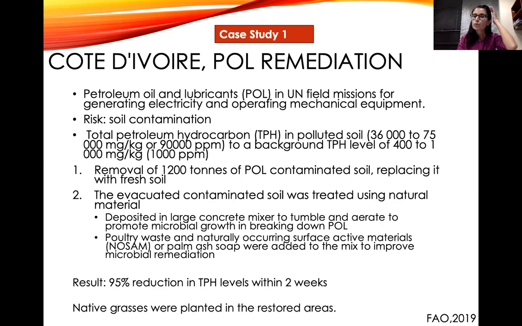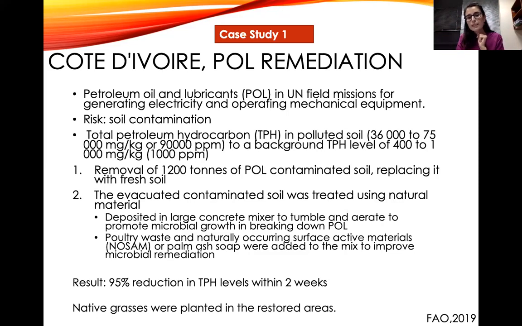So what they then used was natural material, which is poultry waste and natural surface active materials. So poultry waste was used as a growth medium or as food for microorganisms that were present in that concrete mixture. And by mixing it, they allowed them to remain active and to be able to degrade the contaminated soil.